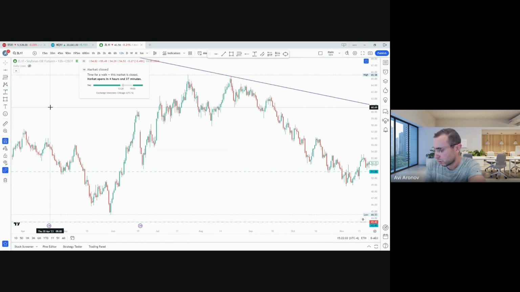So 24 hours minus 5 hours 40 minutes is 18 hours and 20 minutes. 18 times 60 is 1080, plus 20, I believe yes, so it's 1100, divided by 2 is 550. This is the zone that we will want to look for as well.